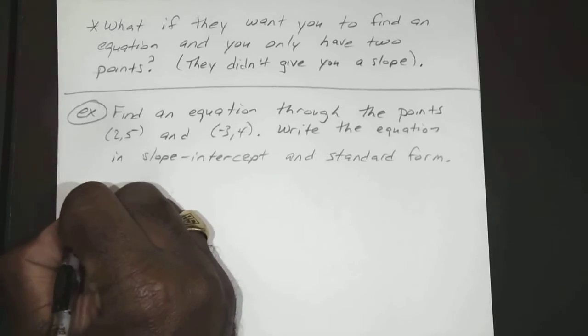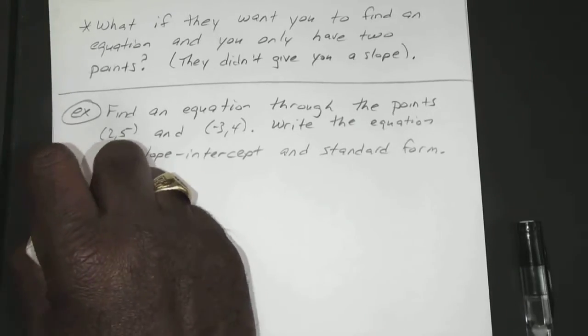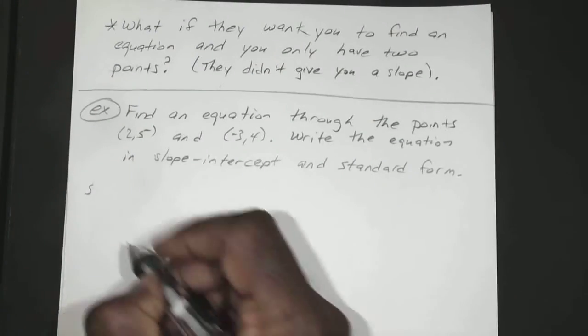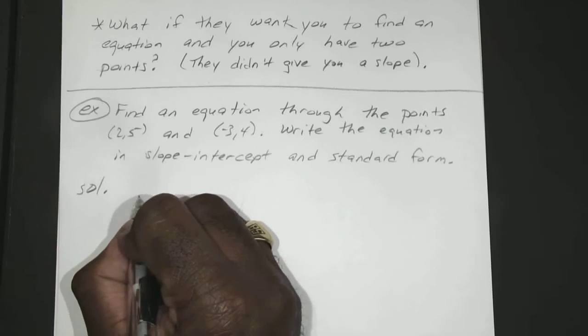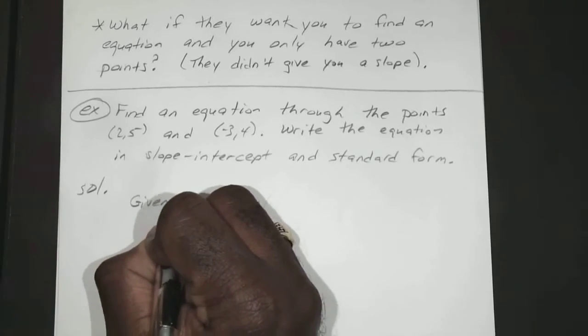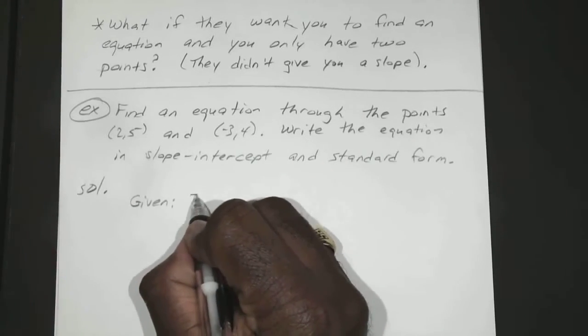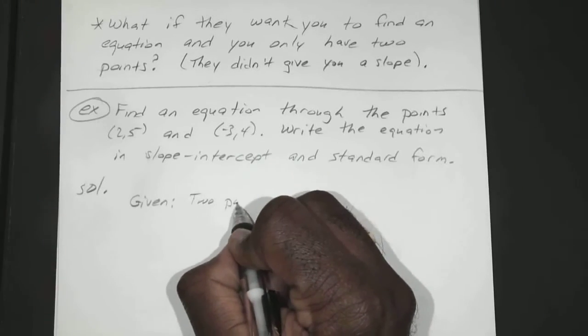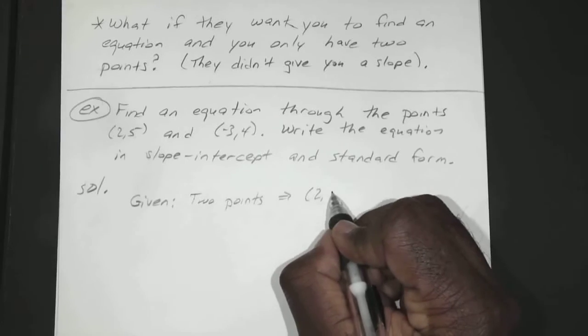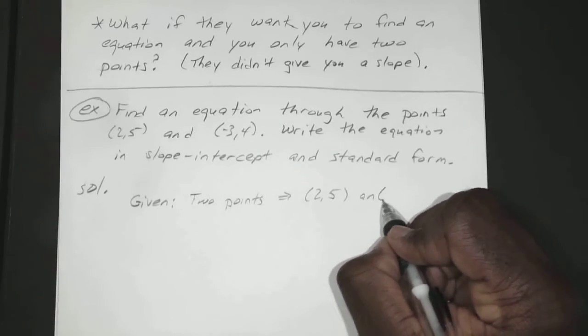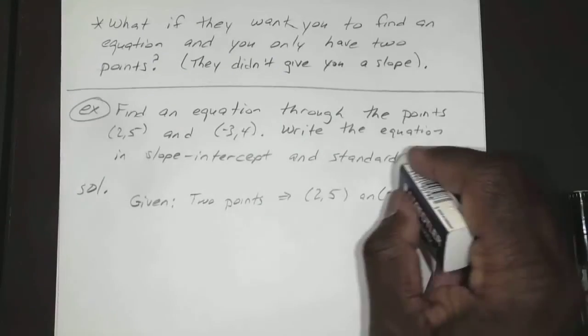All right. So with this one, okay, first thing you do, you look at what they gave you. So they gave you 2 points. So they gave you 2, 5 and negative 3, 4.